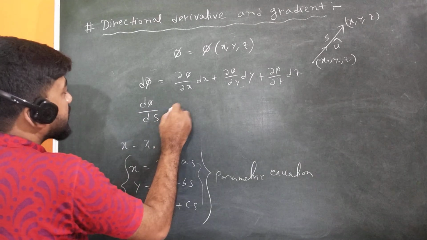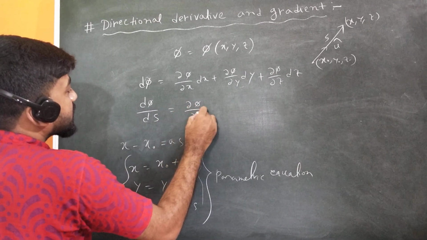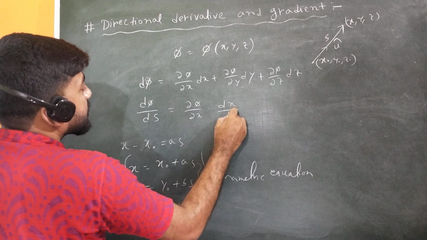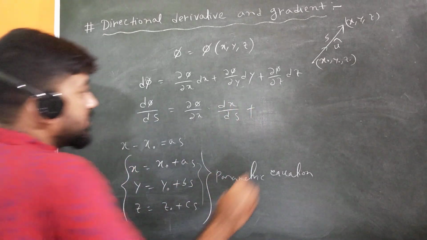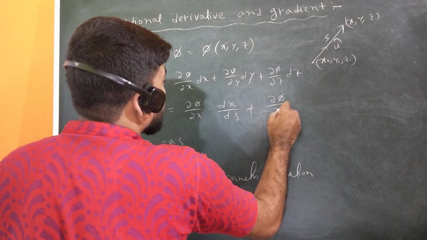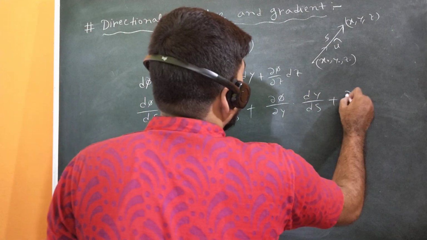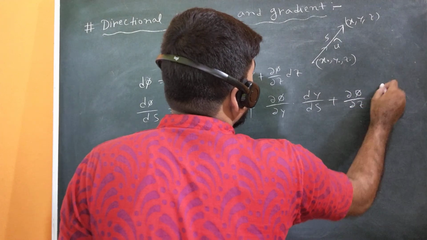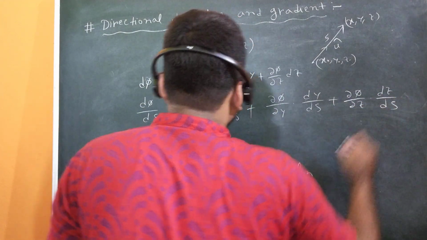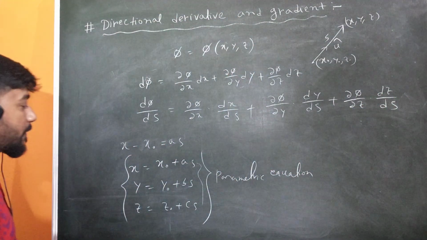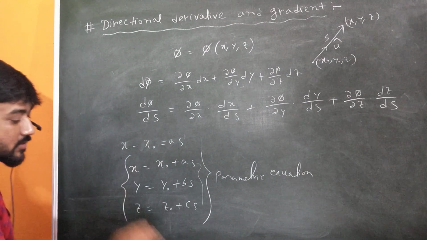So d phi upon ds will be del phi upon del x into dx upon ds plus del phi upon del y into dy by ds plus del phi upon del z into dz by ds. This is a very straightforward calculation.